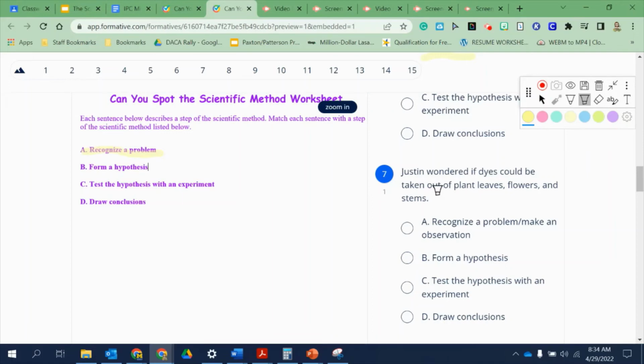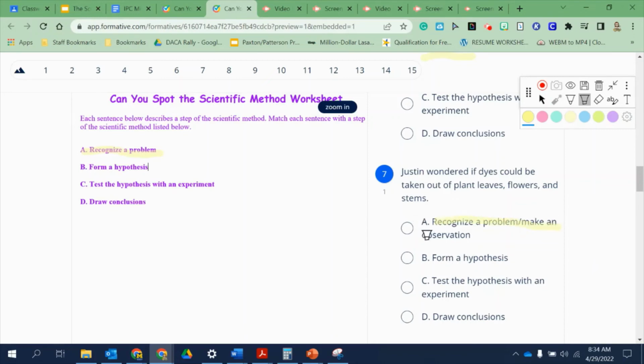He's not saying if I do this, then this is going to happen. He's just wondering. He's just asking a question. Making an observation is like, well, plant leaves, flowers, and stems are colorful, right? They're green or red or whatever color the leaves or flowers are. And so he's asking, well, if these are colorful, can I actually take those colors out of the plants, leaves, flowers? He's just making an observation right here. He's just asking a question.